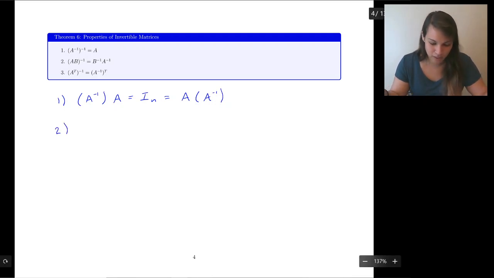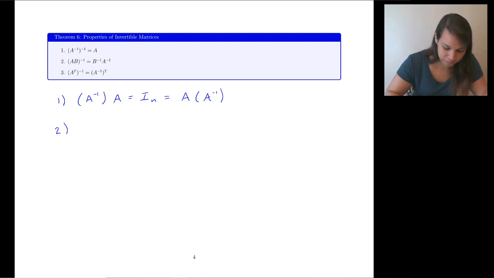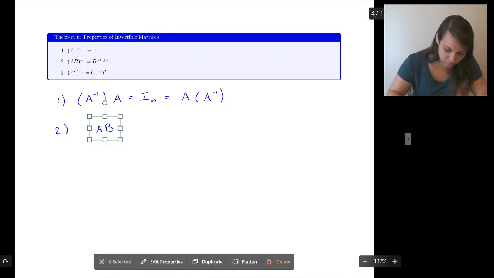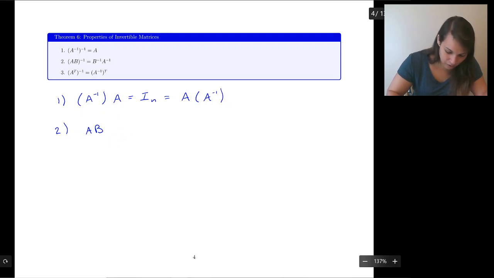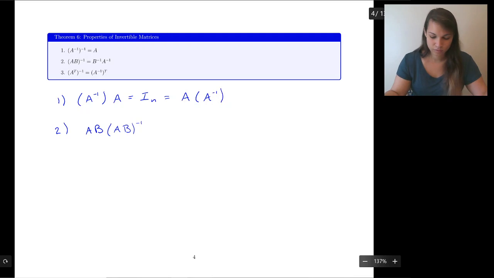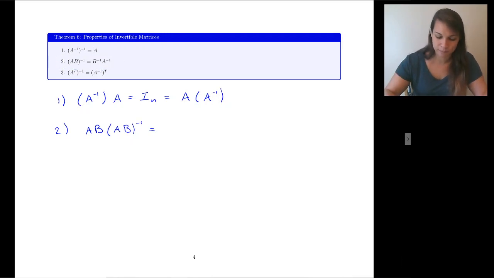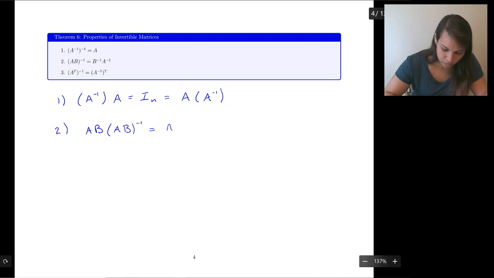Okay. Number 2, maybe less intuitive. You've got the inverse of AB. So that means I'm going to take AB, and now I want to know what its inverse is. According to this theorem, you can distribute that inverse by flipping the order of B and A. So let's check.